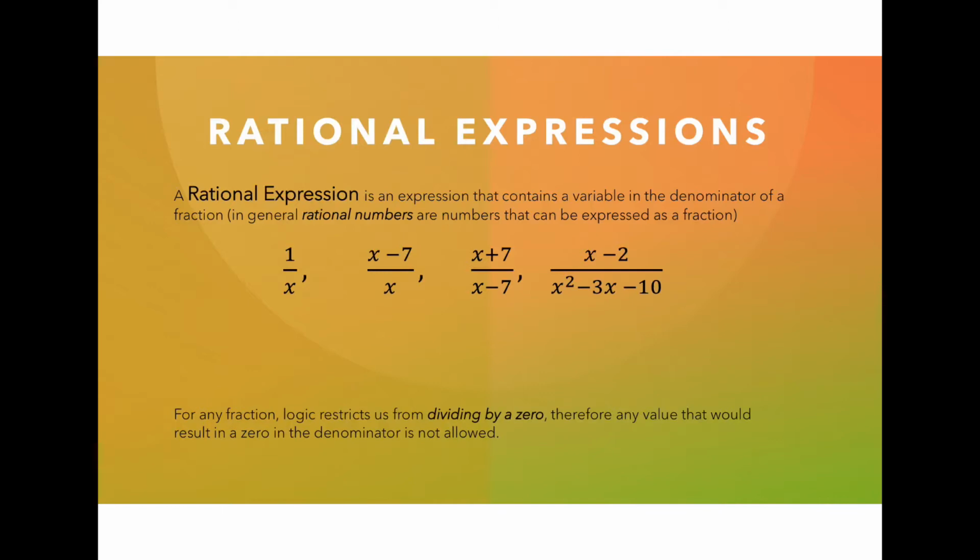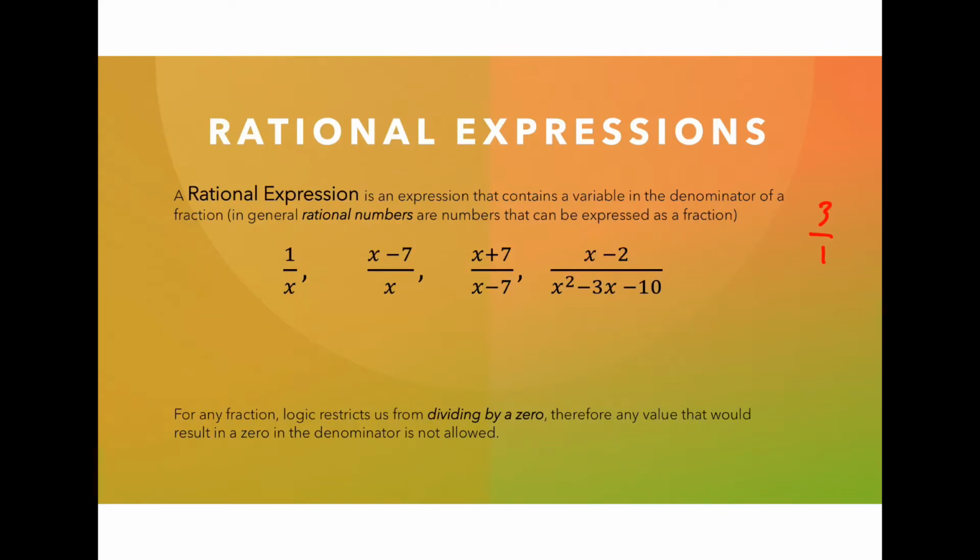And one way to remember this term rational, it's kind of weird, why do we call a fraction rational? It's the name that we give to any numbers that can be expressed as a fraction. So it's just a classification of a whole set of numbers, any number that could be expressed as a fraction, which includes whole numbers, because, for example, 3 over 1 is an expression of 3.